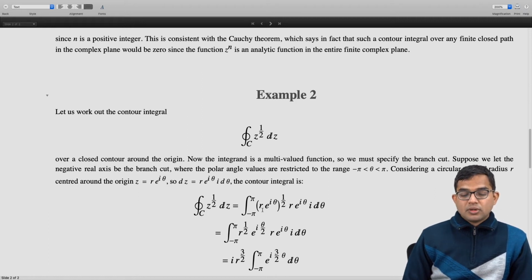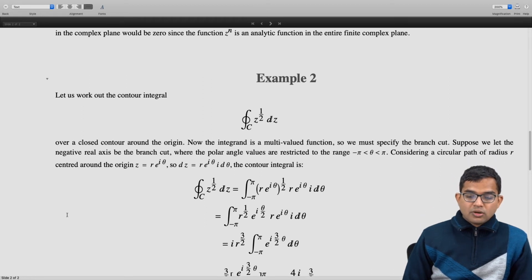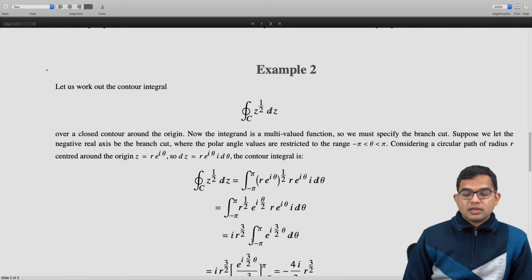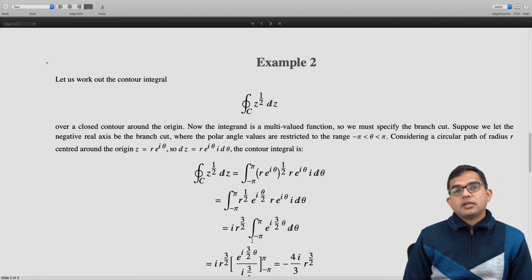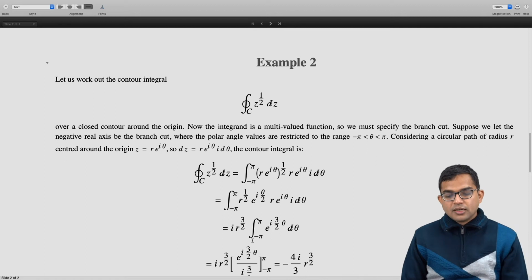And then we go from r e to the i theta the whole power half. You can carefully collect these terms. You get r to the half e to the i theta by 2 times r times e to the i theta i d theta. So you can pull out i times r to the 3 halves. Then you're left with just this integral from minus pi to plus pi of e to the i times 3 by 2 theta d theta.